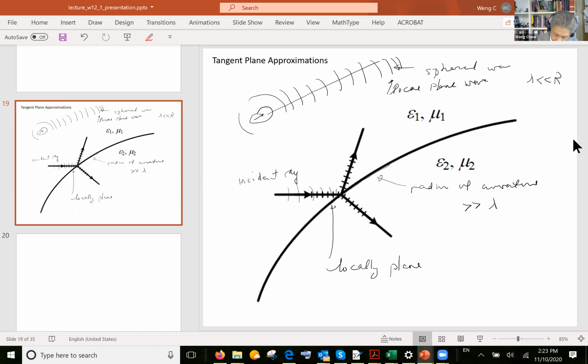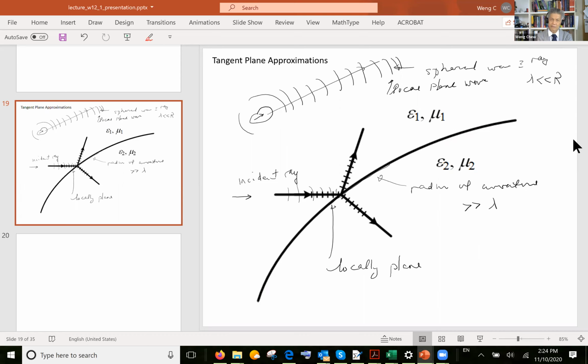You can think of a ray as being part of a spherical wave, where if you go far enough from the source point, the spherical wave becomes like a local plane wave. That is what you can think of as a ray. And if you have an incident ray, you can think of that ray as part of a spherical wave due to a source that is very, very far away.